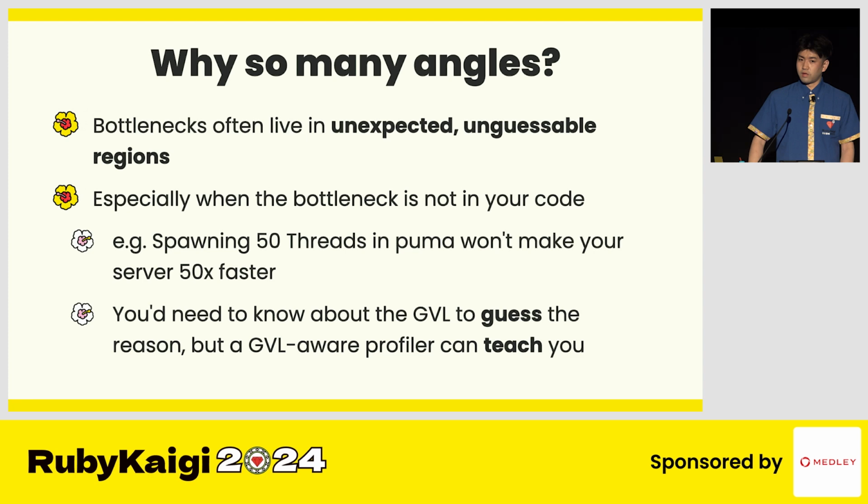For example, I think spawning 50 threads in a Puma server wouldn't really make your server 50 times faster. This is because of the limitations of the GVL. You need to know very well about both Puma and the GVL to guess the reason. But if the profiler knows of it instead of you, it can teach you.